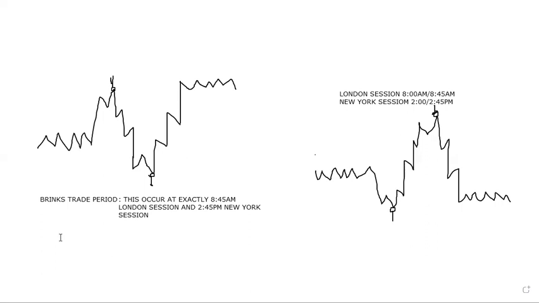But ideally, as a day trader, you want to target 30 to 50 pips daily out of the market.